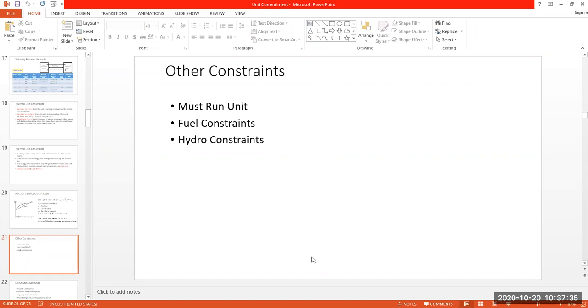Okay. Then there could be fuel constraints and hydro constraints. Hydro constraints are specifically related with the cases where, besides the thermal units, you also have some hydro units to be operated to fulfill the demand.